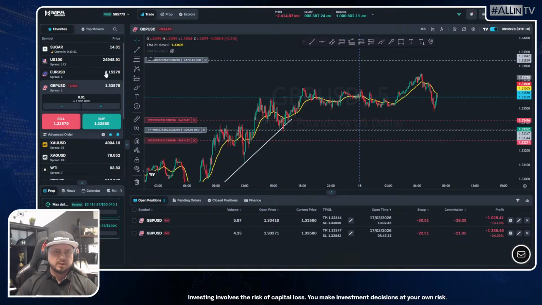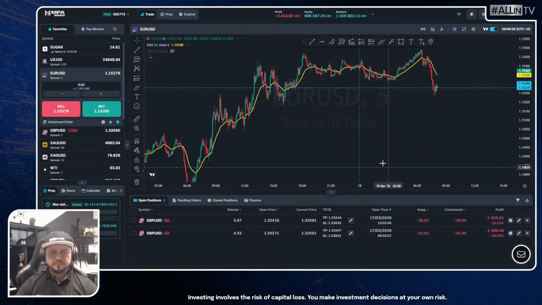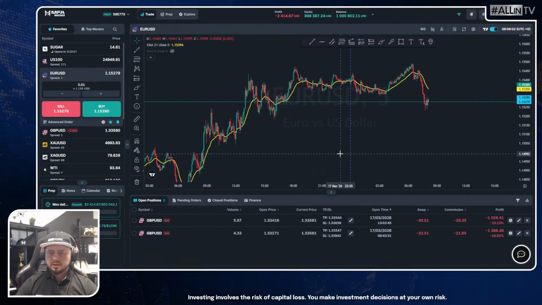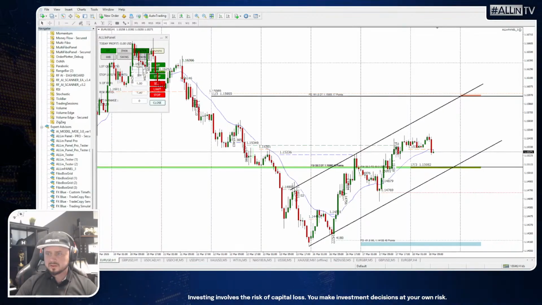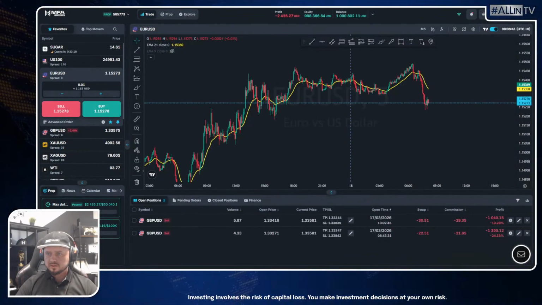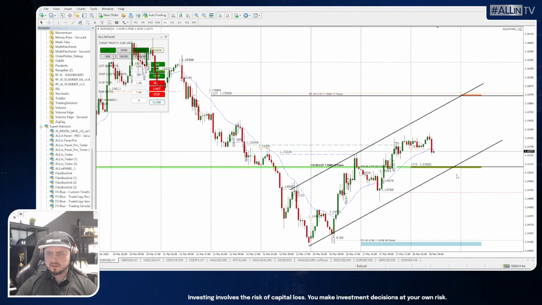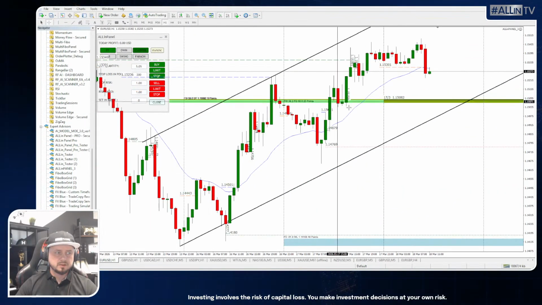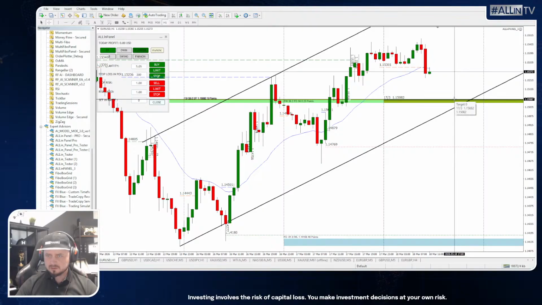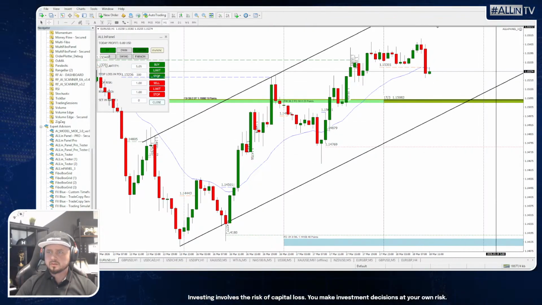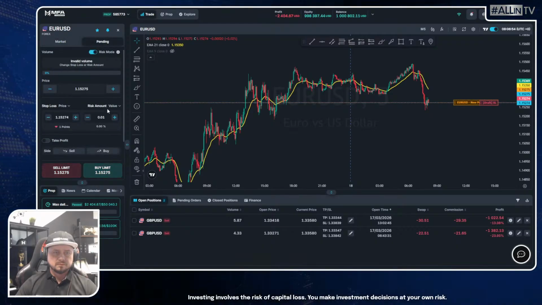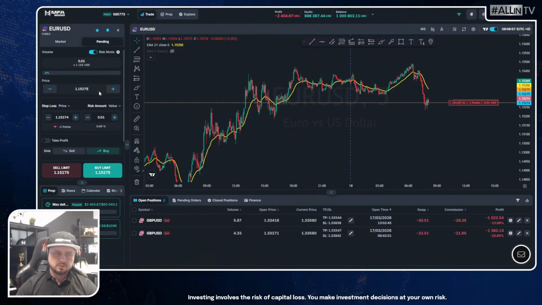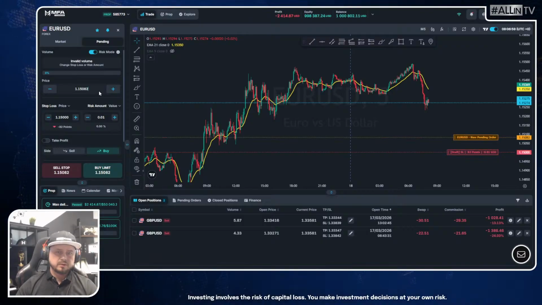Okay, we were talking about Euro USD and the order for reaction. So whereabouts is it? 1.5082. So this is somewhere around 1.5082.